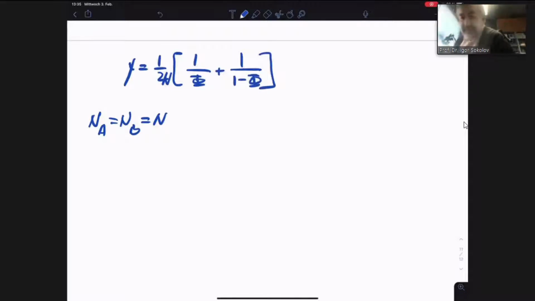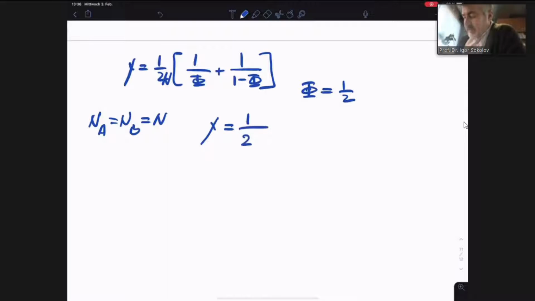Here it is clear where the minimum is, because the minimum can only be at phi equal to 1/2 because of the symmetry. I know that there is a minimum, so this will be 1 divided by 2N.